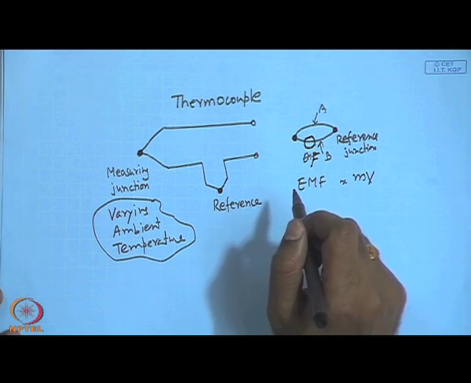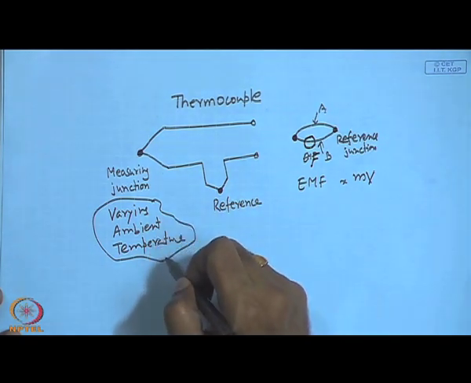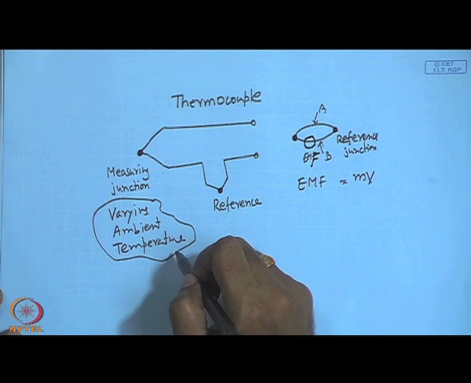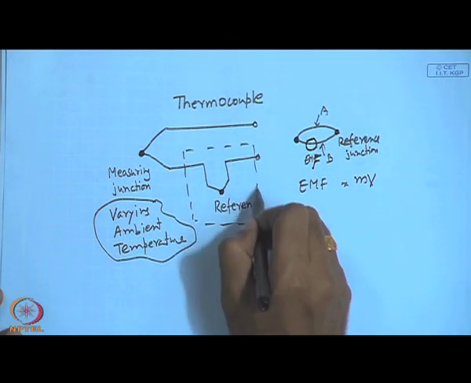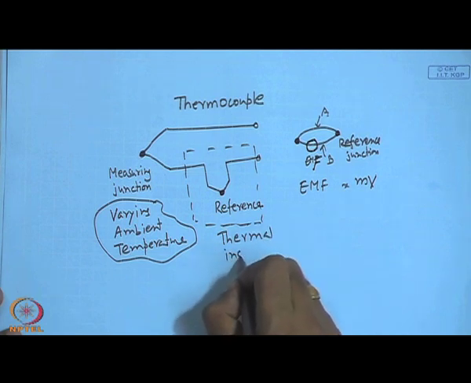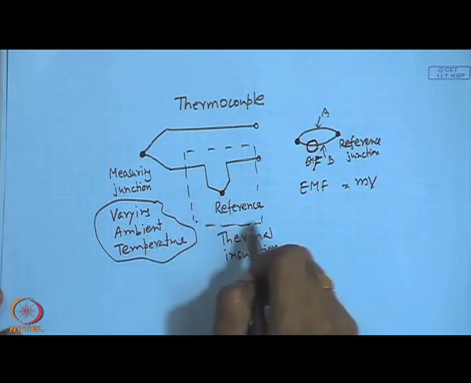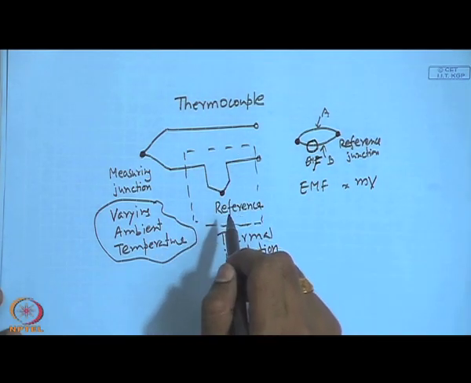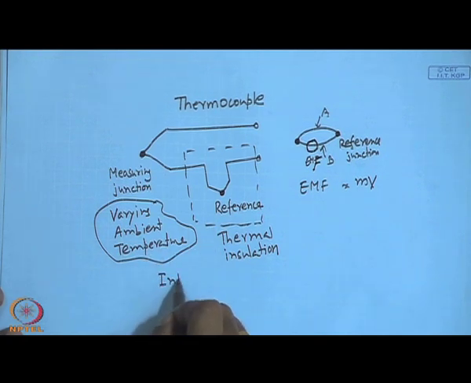So, one way to put a filter to block the effect of varying ambient temperature will be to put a thermal insulation around the reference junction. So, by putting a thermal insulation around reference junction, I can block the effect of varying ambient temperature. So, this is an example of input filtering.